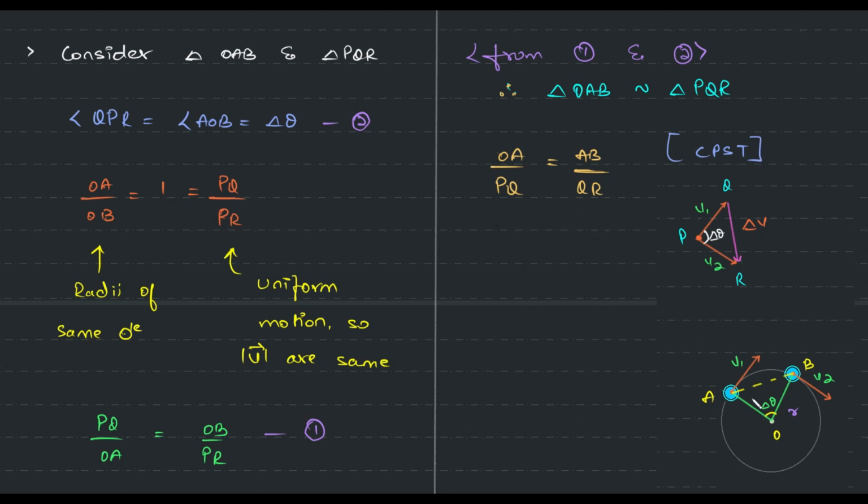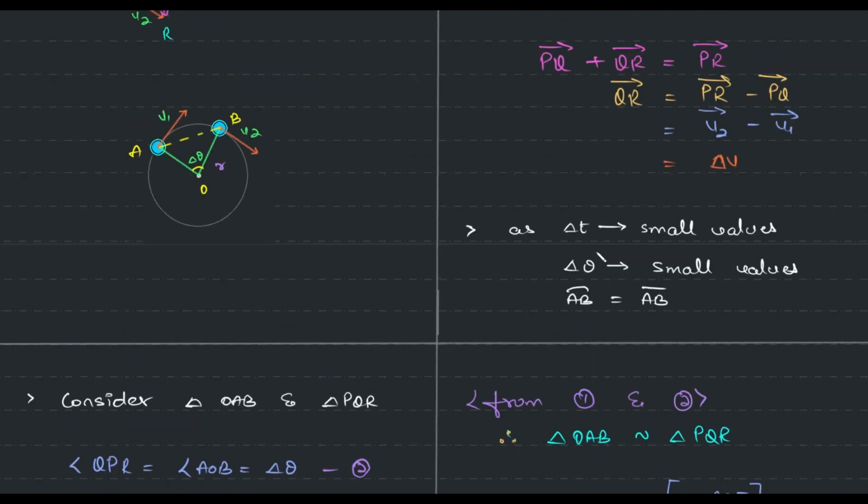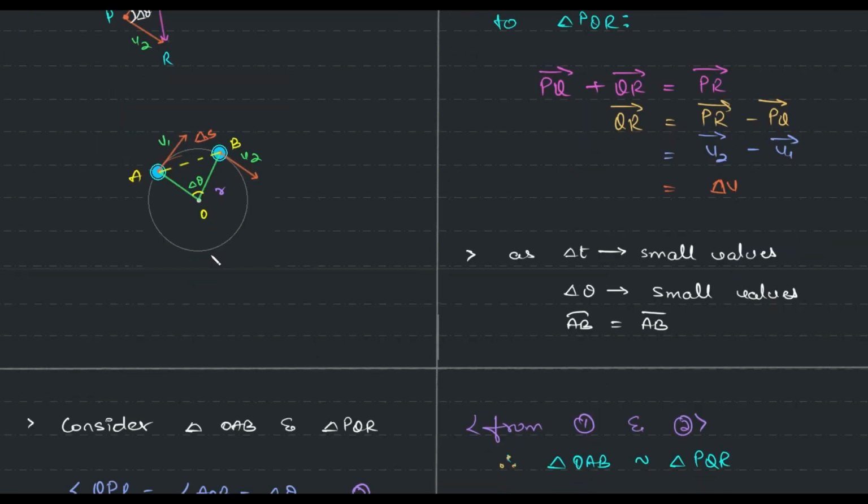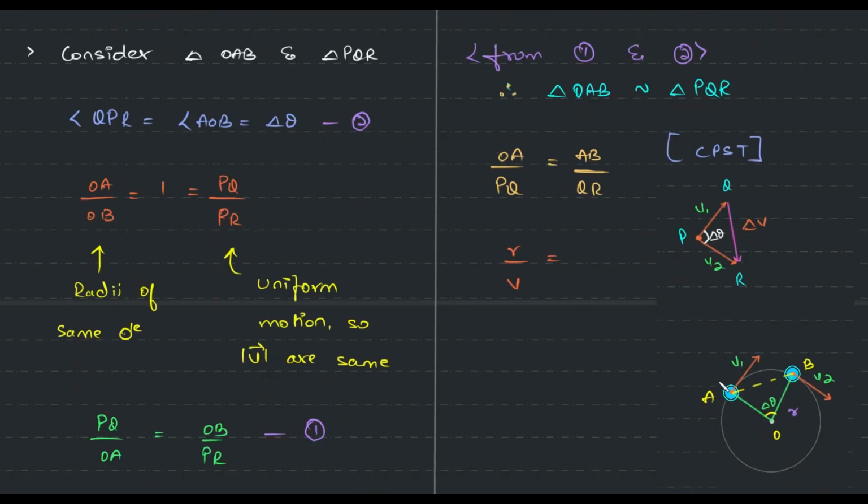Now, OA is your radius, while QR is your change in velocity in terms of magnitude. AB is your what? Oh yeah, I forgot AB. See, AB is nothing but your change in position. Agree? Change in position. Displacement basically. Okay. So AB has to be delta S. That's the length that the object has got displaced. As simple as that.